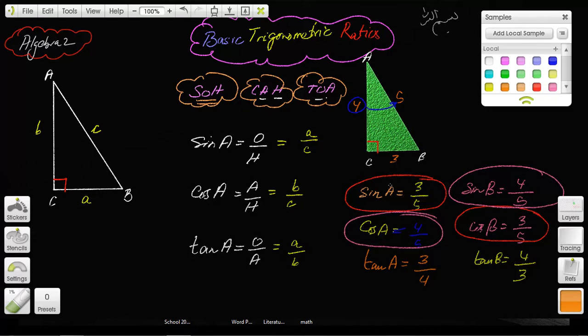In other words, sine of A equals cosine of B, and cosine of A is the same as sine of B. This is an observation you can make for any complementary angles, as long as A and B are complementary angles. So this is how SOHCAHTOA are originally defined for us.